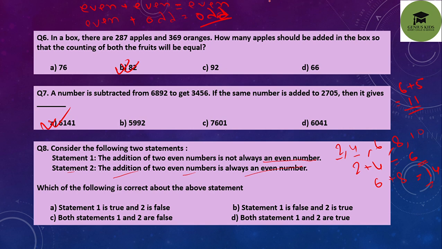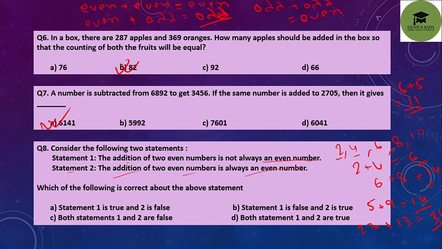And if we add two odd numbers, then what will be the sum? If you see the odd numbers, maybe 5 plus 9, it will be 14. Or 23 plus 13, suppose, it will be 36. So it will always be even. So if we add two odd numbers, the sum will always be even.